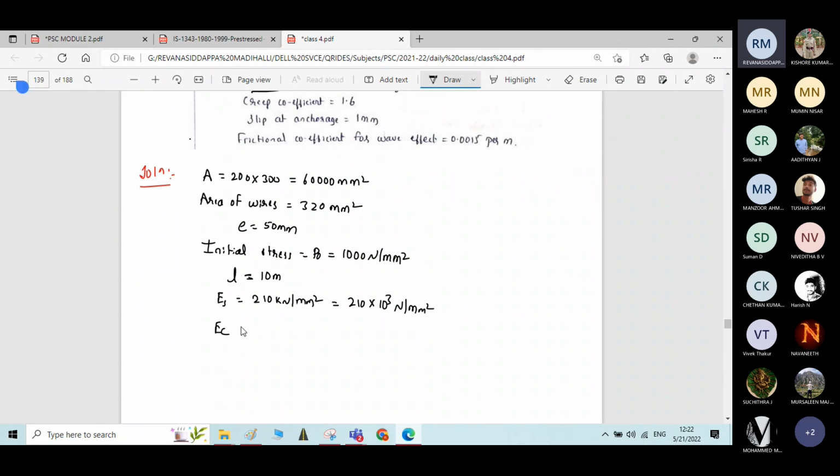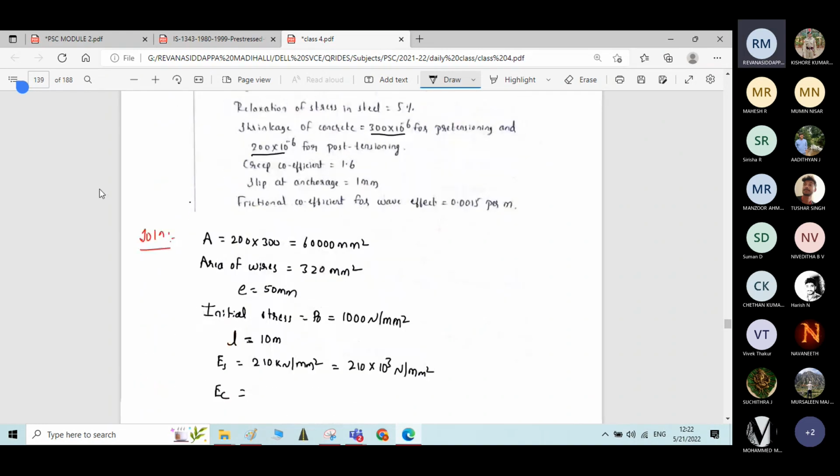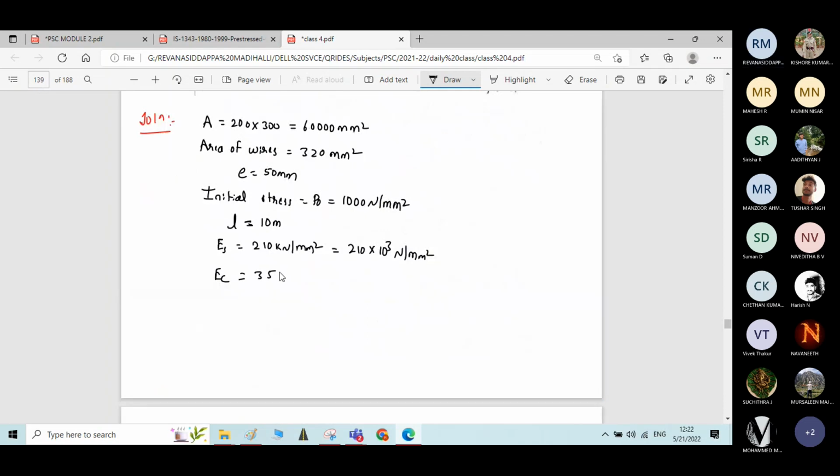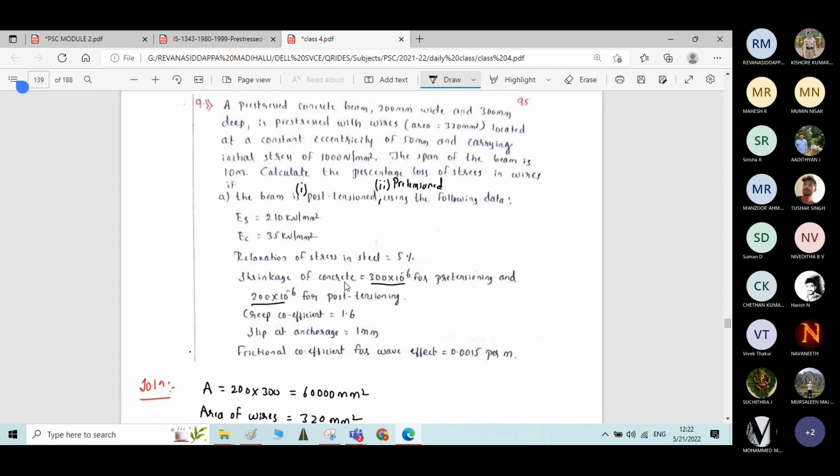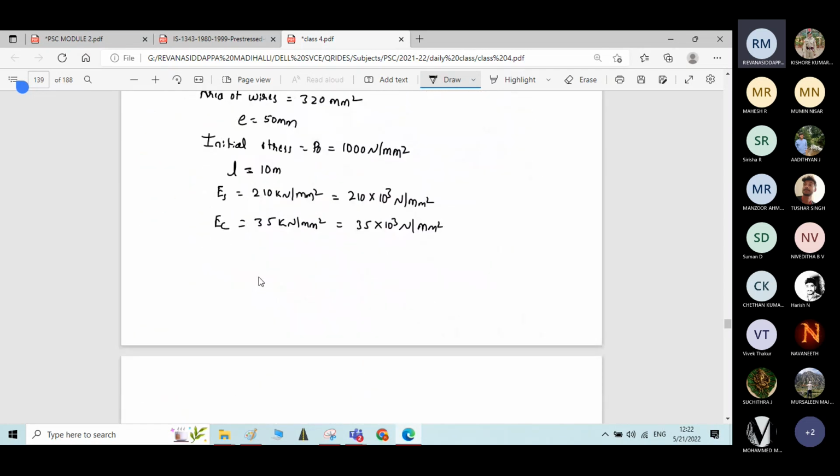Then Ec is equal to, how much is it given? 35 kilonewton per mm square, which is equal to 35 into 10 power 3 Newton per mm square. Relaxation of stress in steel is given as 5%.